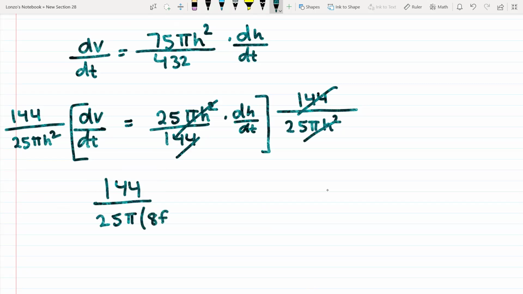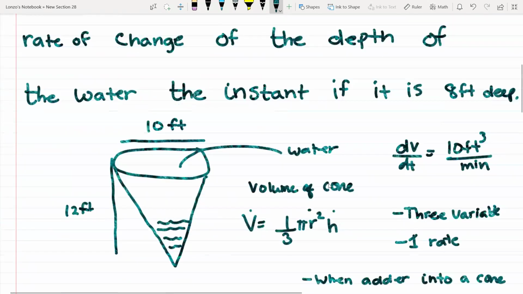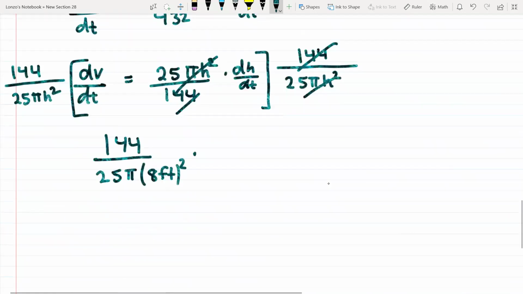So 8 feet squared times dV/dt. dV/dt is the speed, which was 10 feet cubed per minute. And that gives you dh/dt.